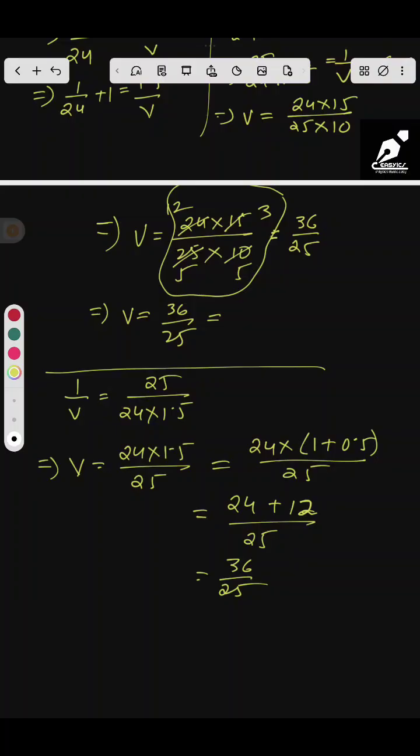So 25 divides into 36 once, the remainder will be 11. 11, 25 into 4 is 100. Again something like that. 1.44.